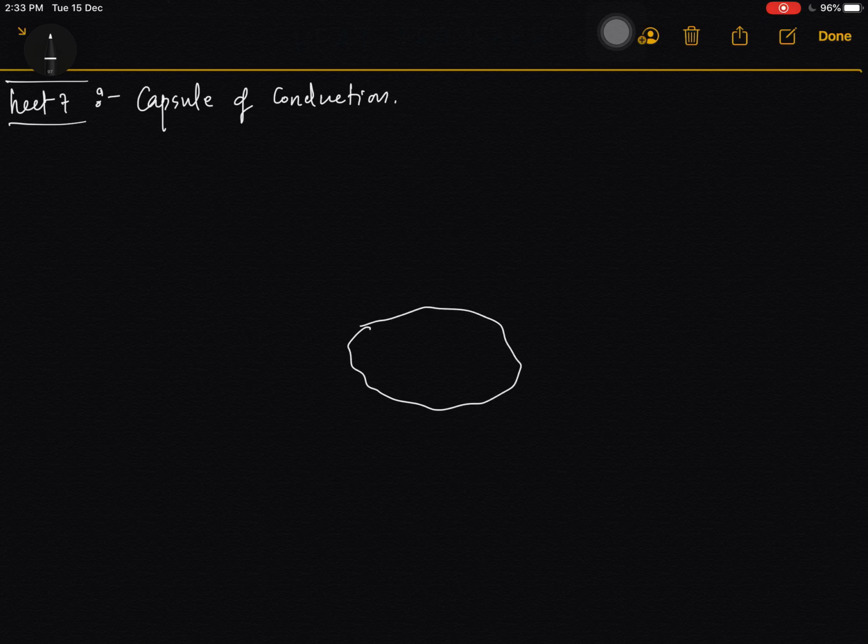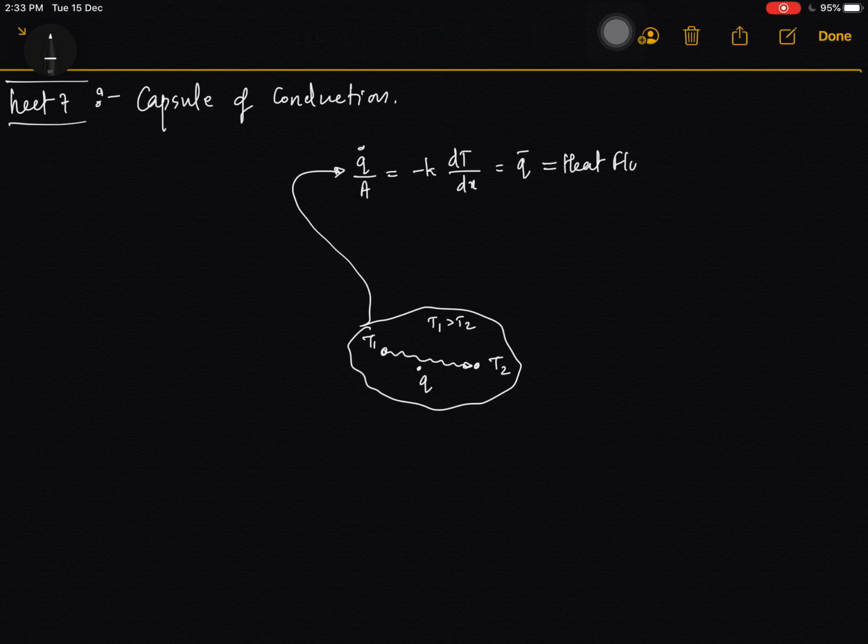So conduction is nothing but a heat transport phenomenon in a medium where a temperature gradient exists. So if T1 is greater than T2, some heat will flow like this. This heat transfer rate is denoted by the letter Q dot, and Q dot by area will be given as minus K dT by dx, which is nothing but the heat flux Q bar.